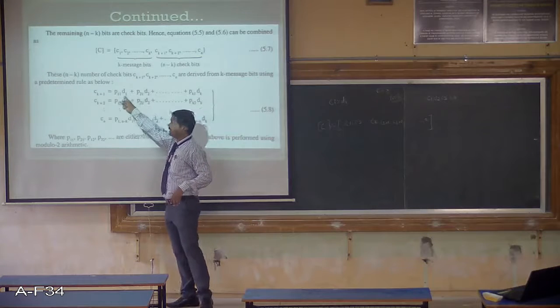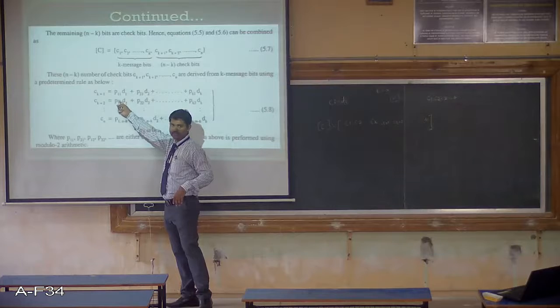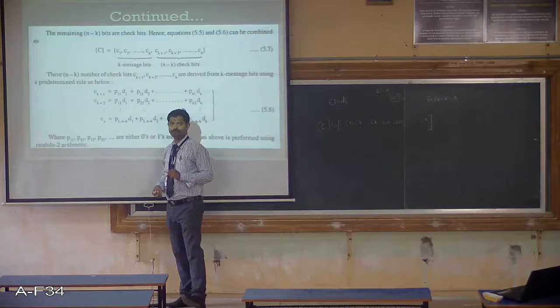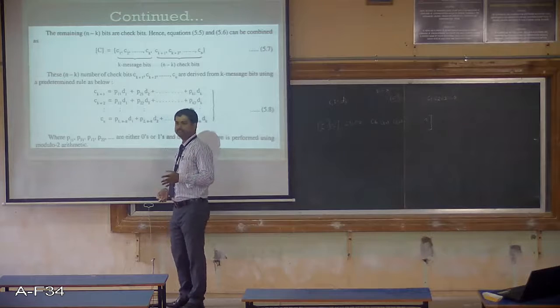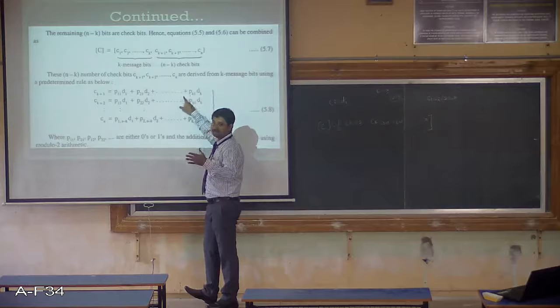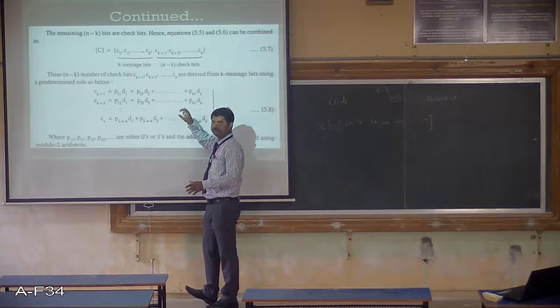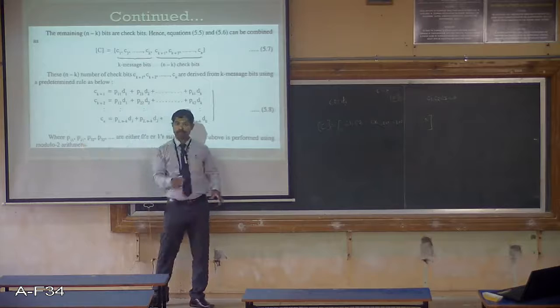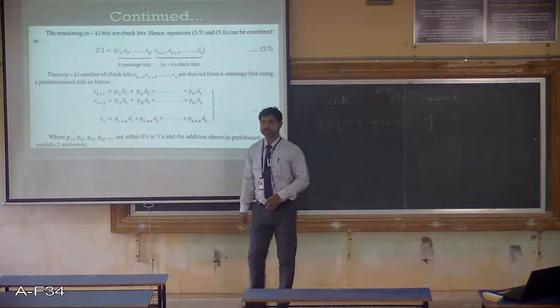It gets added with the previous bit, and the addition should be mod 2 addition, logical addition, not arithmetic addition, plus so on up to the last row of the first column. Like that, I can get c_{k+1}, the fourth bit.